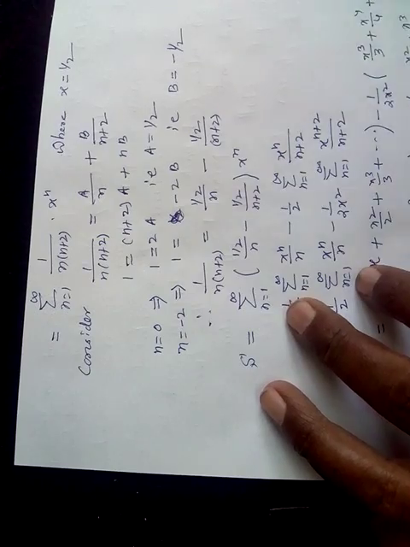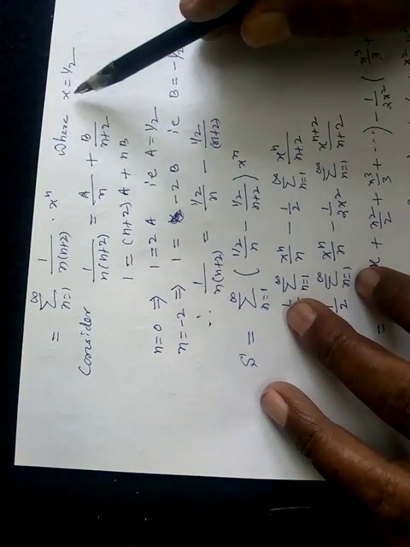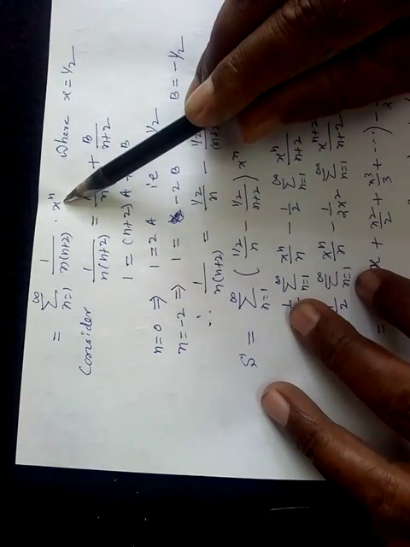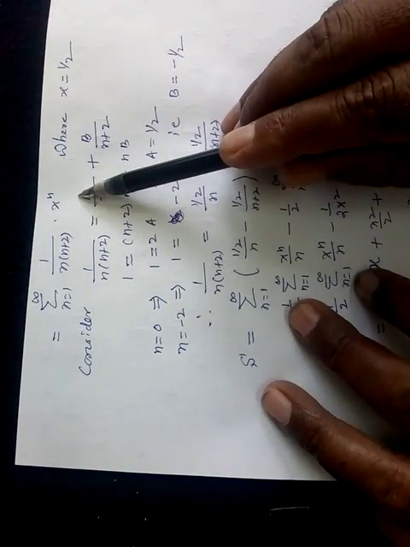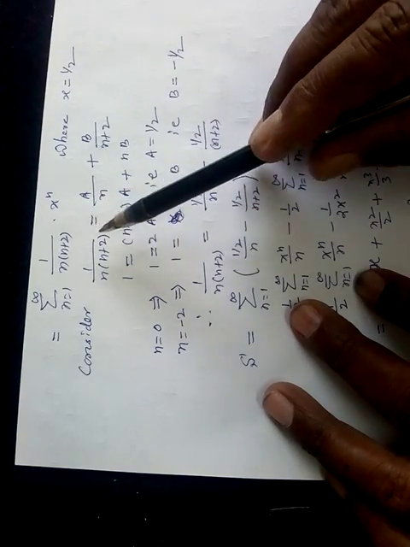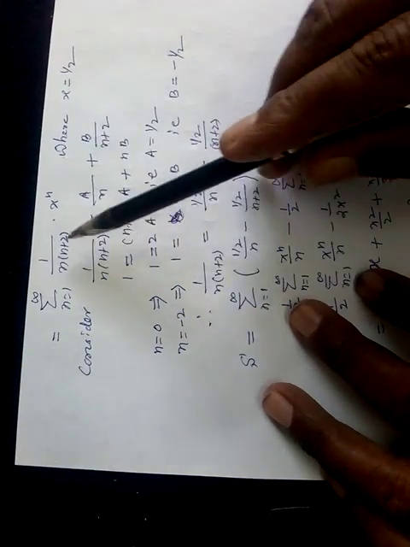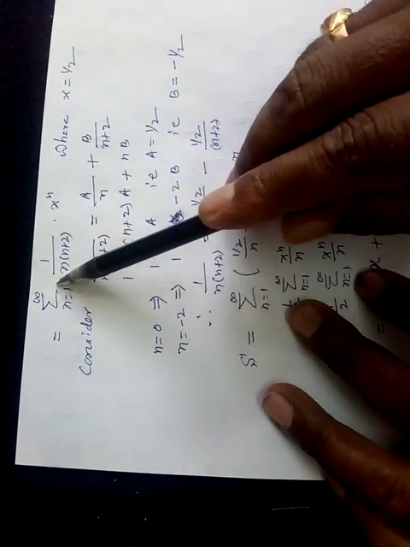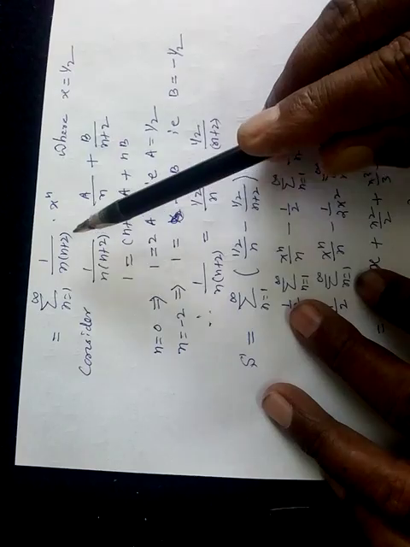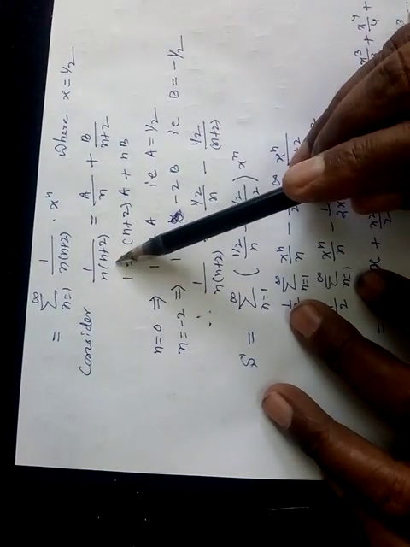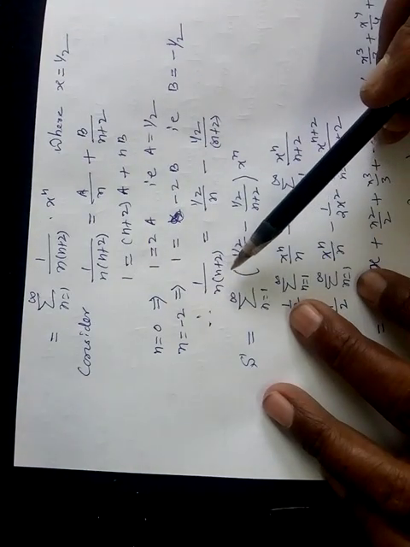Now that 1 by 2, I call it as x. I take 1 by 2 as x, and you will get this one. Now you have to consider the multiple of x power n, whatever is there in the summation. You have to consider that one separately, and you have to find the partial fraction of that one.